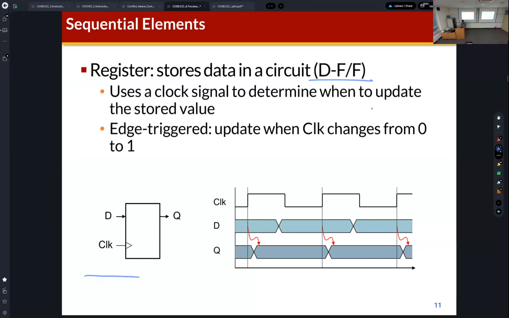This is the symbol of a D flip-flop. It has two input ports and one output port. You can find the clock here, and D means the data input, and Q is the data output.